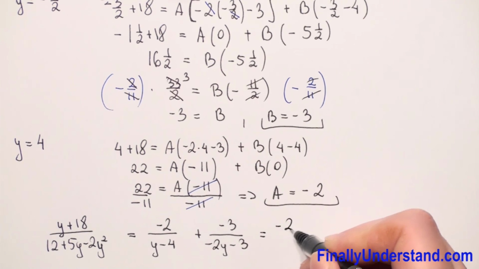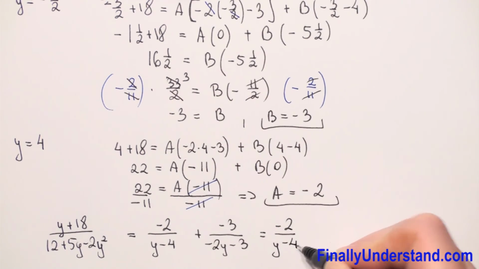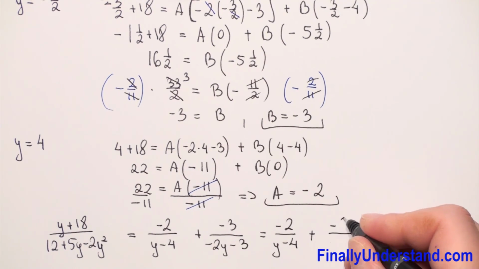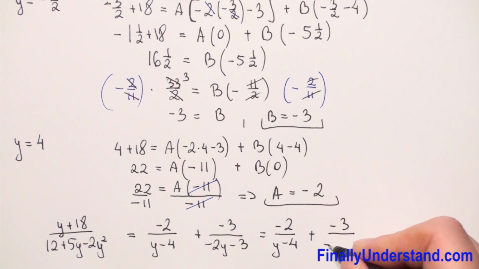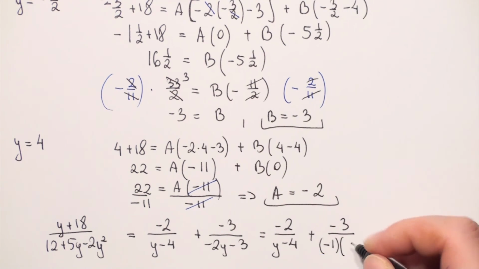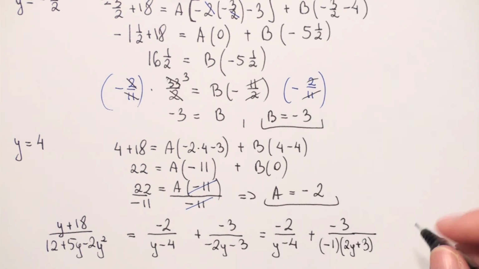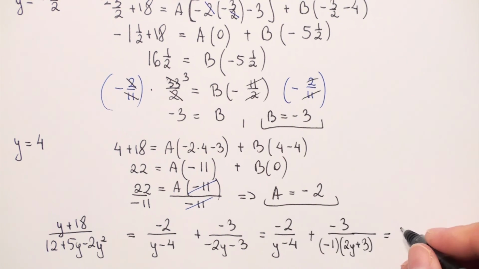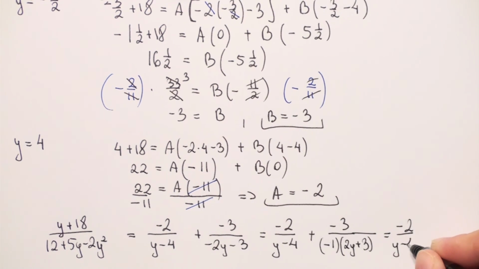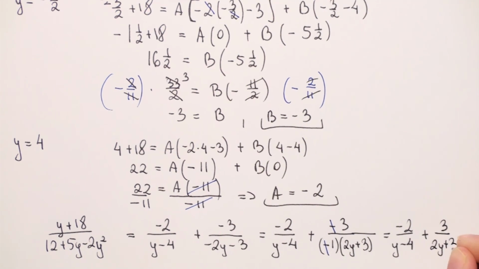So the first fraction we will copy, plus, and we have negative 3 in the numerator, and in the denominator I will factorize the negative sign, so negative 1, and in parentheses we will have 2y plus 3. So now, again, the first fraction we will copy, and we will have plus, negative divided by negative gives me positive. So now we have only 3 over 2y plus 3.